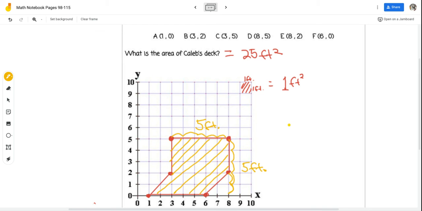If I multiply these together, we're just measuring the length and the width. 5 times 5 is 25, and then feet times feet, of course, is feet squared. So we get the same answer. Just a trick for this one.